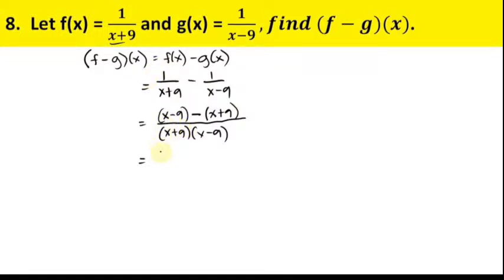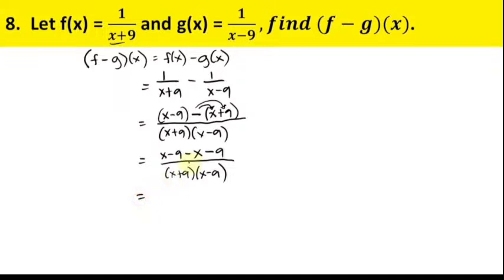So then simplify, so x minus 9, then i-distribute ito, negative sign, negative times x, that is negative x, negative times 9, that is negative 9 over x plus 9 times x minus 9.